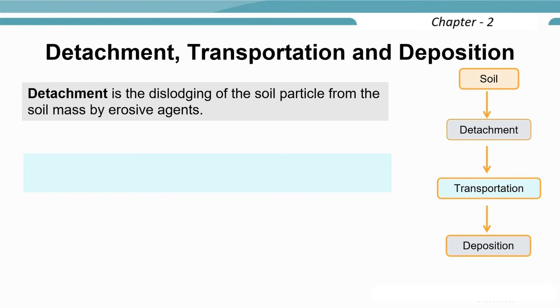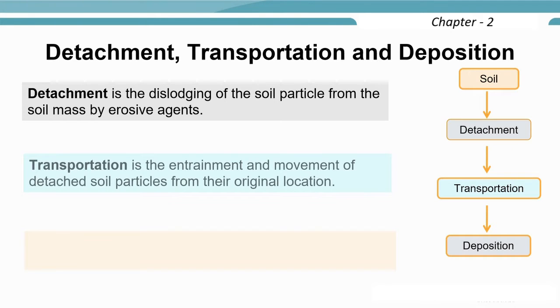High intensity rainfall can easily detach even soils which are cohesive. Clay soils are somewhat difficult to detach, but if the intensity is high, even clay soils can get detached. Once clay soils are detached, they can be transported easily because they are smaller in size and lighter.